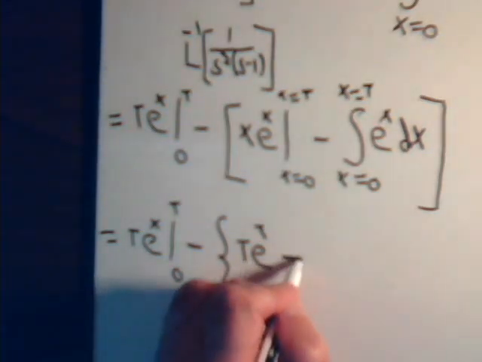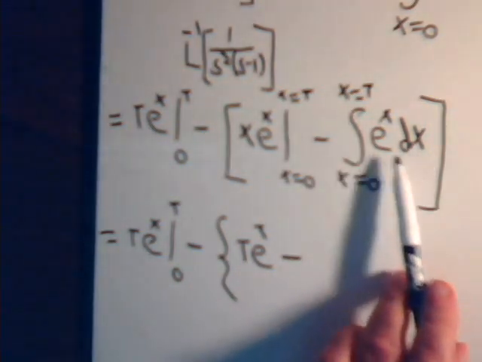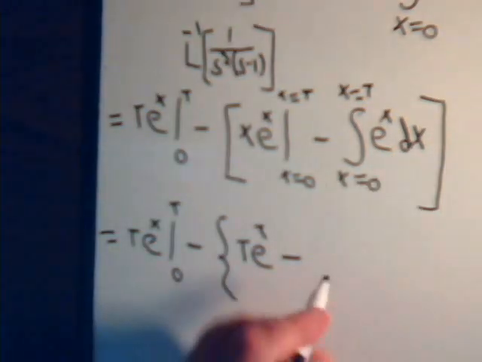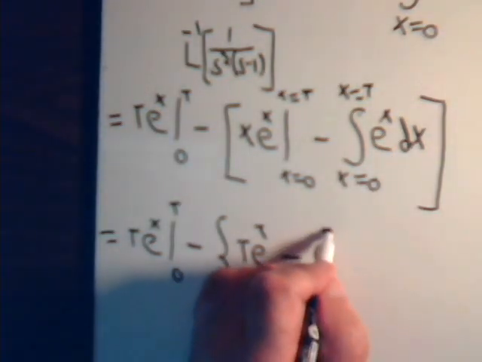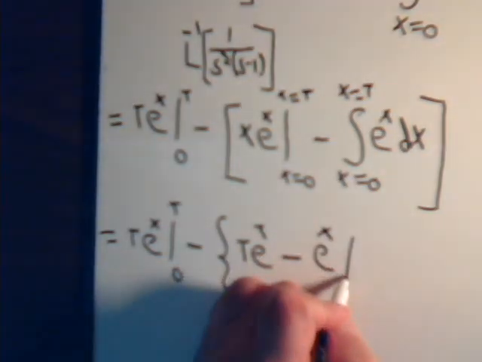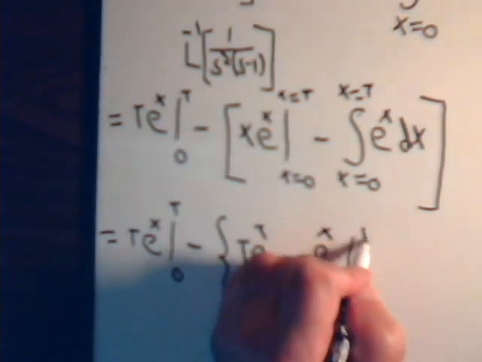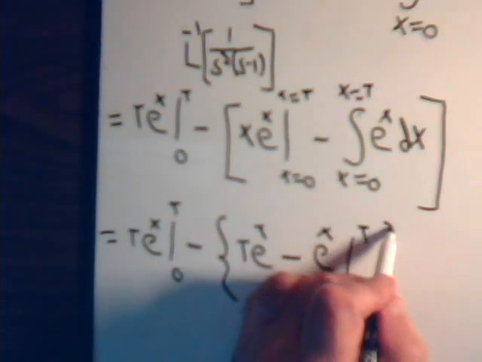Then we have minus this integral, and that is e to the x going from 0 to t.